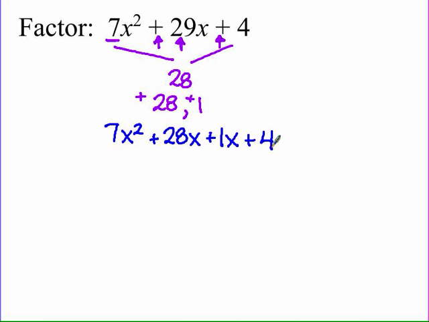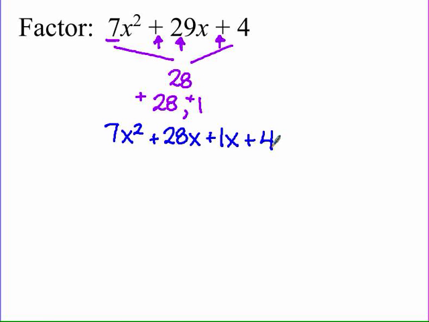Let's look at where all those numbers came from. The 7x squared and the 4 came from the first and the last terms. The 29 I rewrote using the 28 and 1 that I found in the previous step. So it's still 29x, I just wrote it using 2 terms.